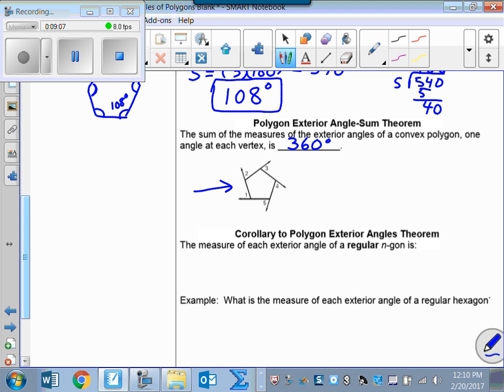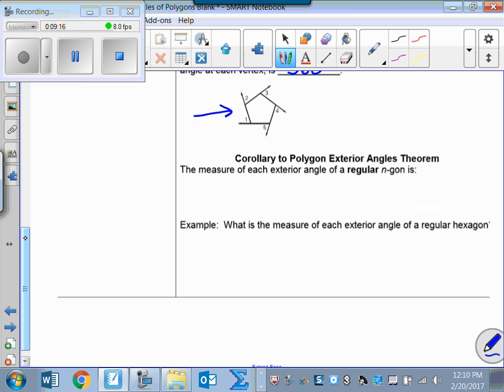The sum of the measures of the exterior angles will always be 360 degrees. Trust me on that. Okay, and the corollary to this theorem says if we want to find the measure of each exterior angle of a regular n-gon, then we're going to do just like we did for the interior measures. We're just going to divide 360 by n to get the measure of each angle.